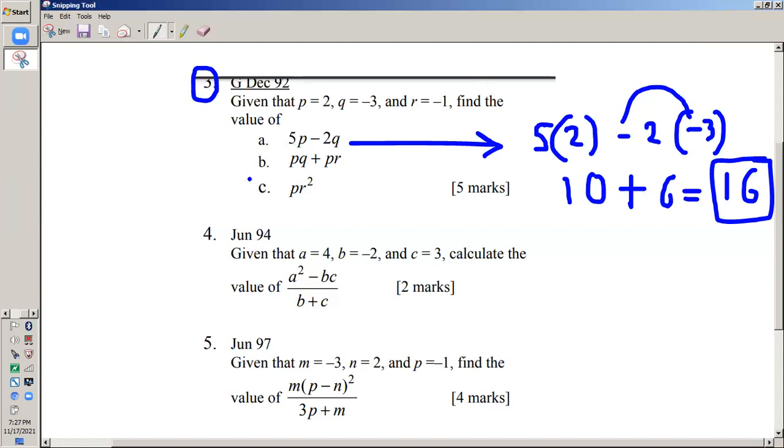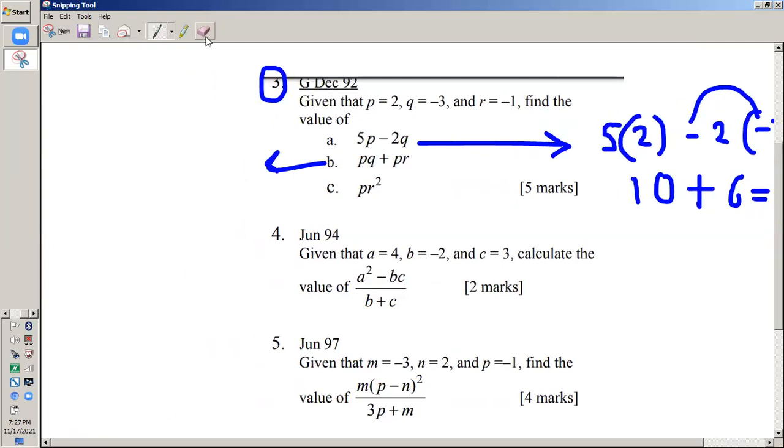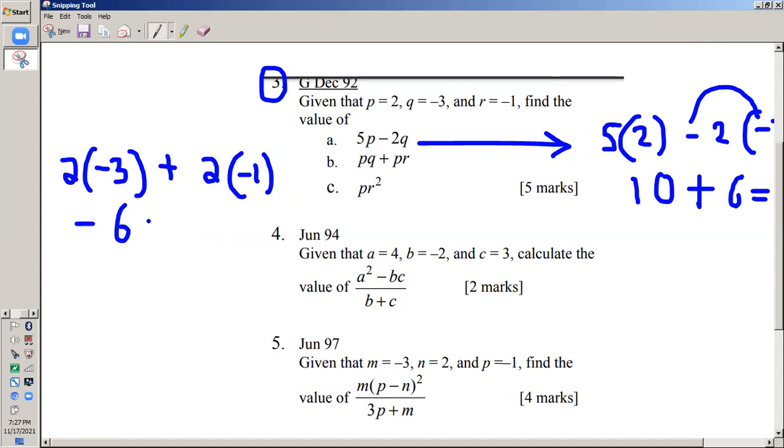And B is PQ plus PR. So that's going to be 2 bracket negative 3 plus 2 bracket negative 1, which is positive 2 times negative 3. That's going to be negative. So 2 threes is 6, negative 6. And then positive 2 times negative 1.